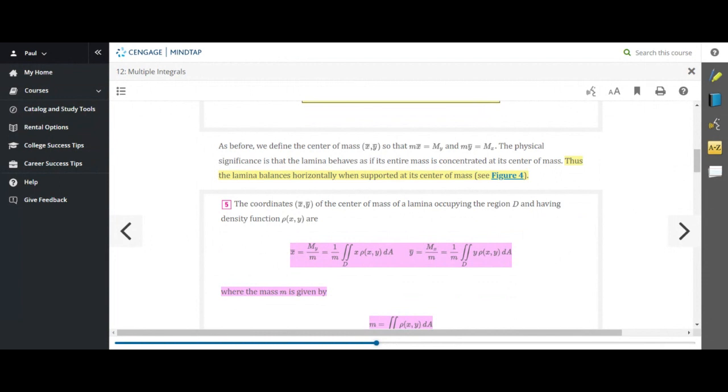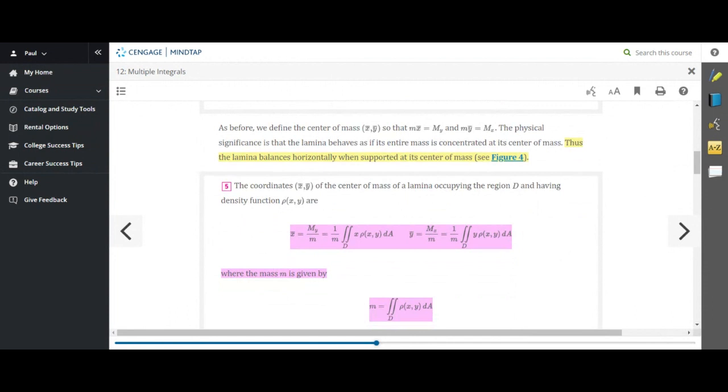This is really an extension of the seesaw example where you're working in one dimension. The extension is the same.